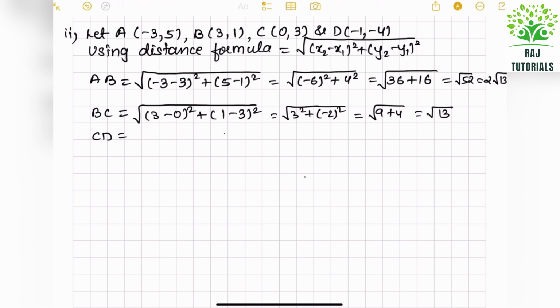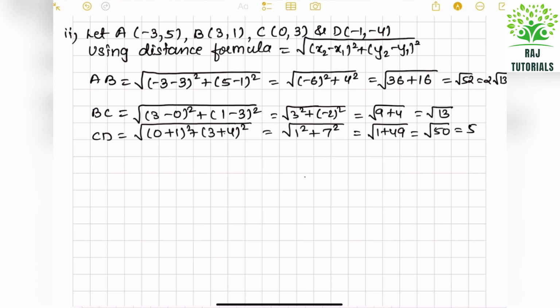Now CD equal to (0 minus of minus 1), so plus 1, and (3 minus of minus 4), so plus 7. So this is coming as 1 square plus 7 square. So that will be 1 plus 49, that is root 50.